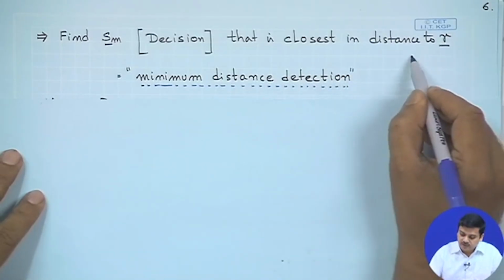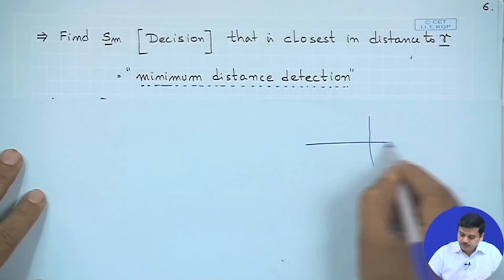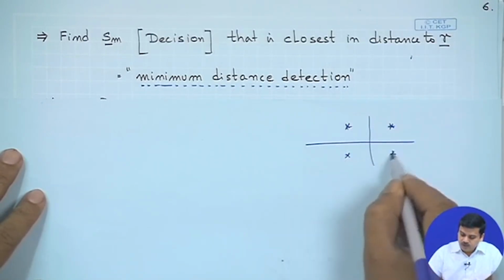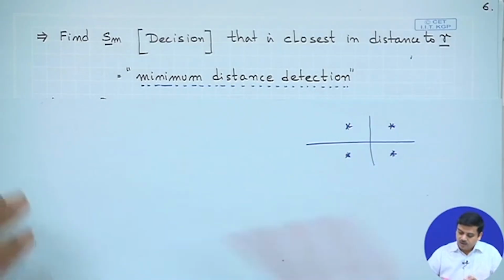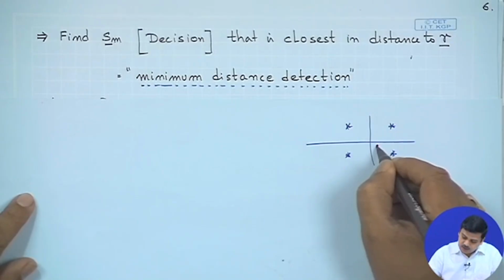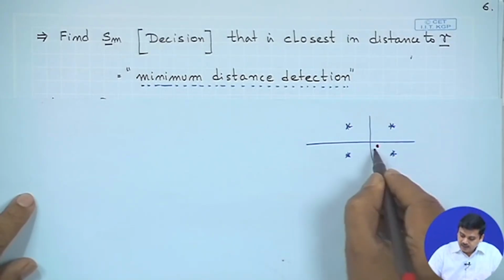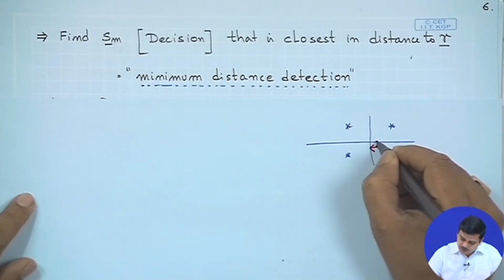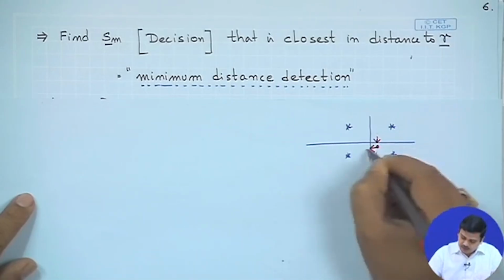So, we have, let us say, 4 constellation points, and whatever we have received in vector form is, suppose, here. It has produced one component there and another component there, if you take this.